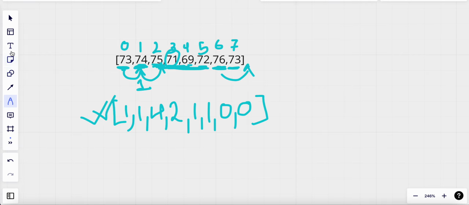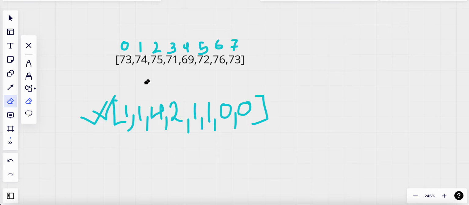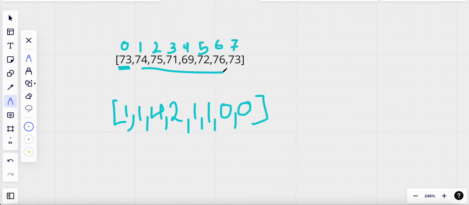Now let's see how we could solve this problem. So far you must have guessed that what we are doing is, for each temperature, we are checking all of the other temperatures and looking if they are greater or not.